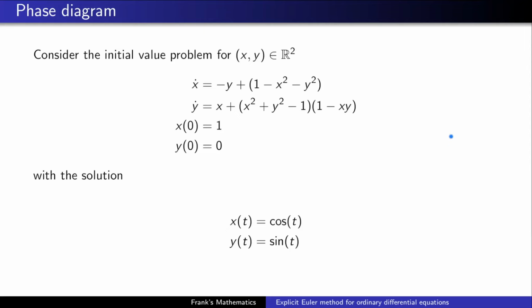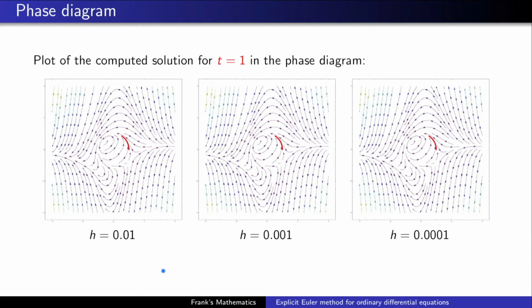So let's take a look at the solution in the phase diagram. The phase diagram is nothing special. It's just f plotted as a vector plot, which actually is the gradient of y, because this is our ordinary differential equation. So we have three different discretization parameters.